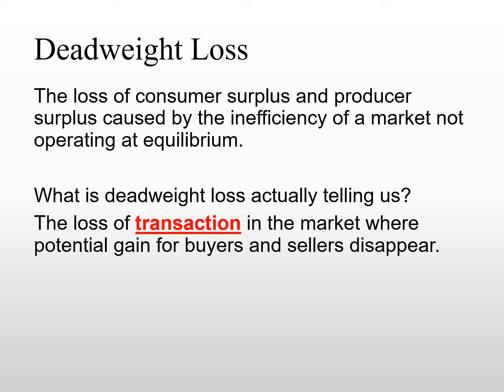So in the previous example, we learned that if the price is not at the equilibrium level, some of these possible transactions are eliminated. And because we're eliminating those transactions in the market, it prevents people, for example consumers and producers, from trading with each other in order to gain from these transactions in the market.